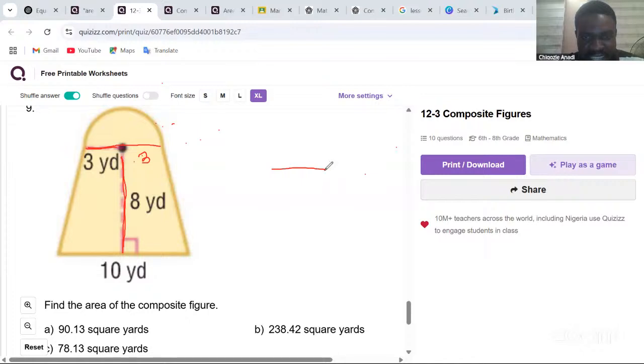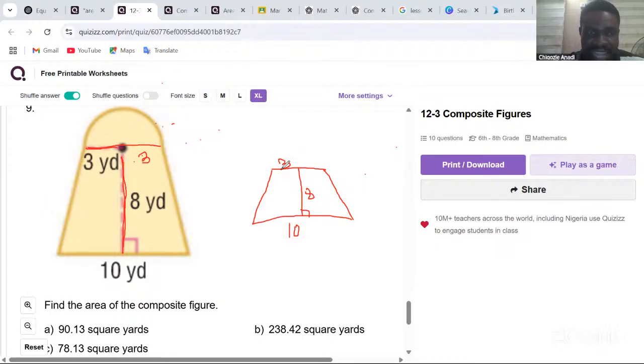Watch this. This is what we have from that diagram. This here is our height, which is 8. This is 10. And remember, they just give us a part of the radius in our semicircle, which is 3 here.